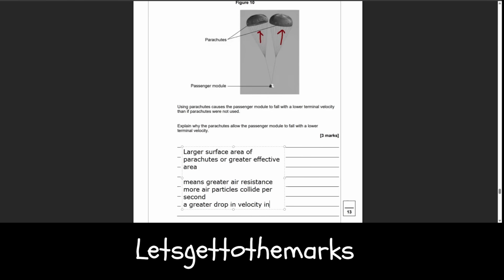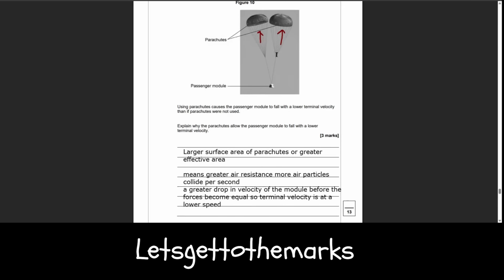So there's a greater drop in the velocity of the module before the forces become equal. So terminal velocity is at a lower speed. So you get terminal velocity when the forces become equal, and they're going to equalize at a lower speed, and that's going to get you your 3 marks.